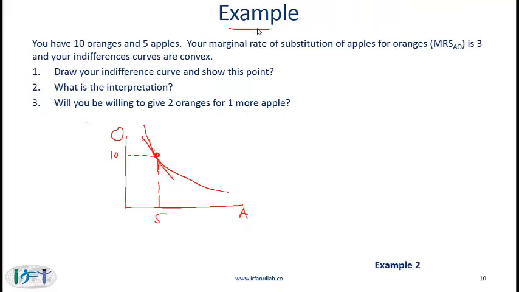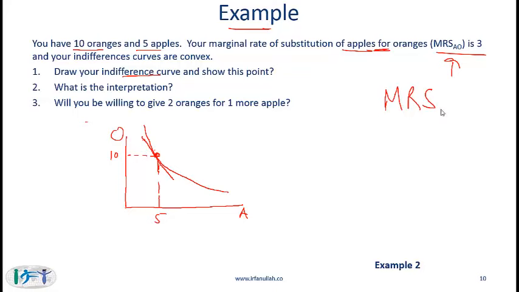Let's work through this example now. You have 10 oranges and 5 apples, and your marginal rate of substitution of apples for oranges is 3. The first thing you need to do is draw the indifference curve and show this point. Here we need to go back to what we discussed on the previous slide.